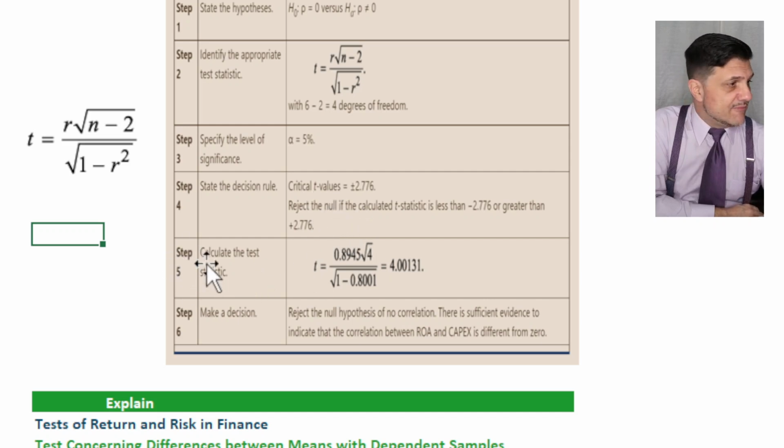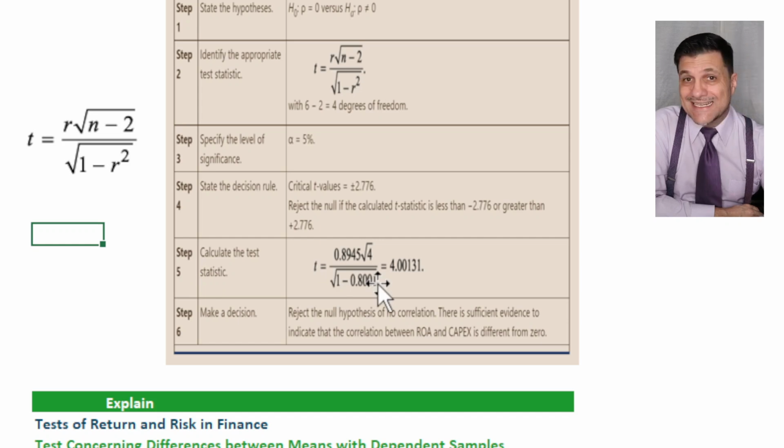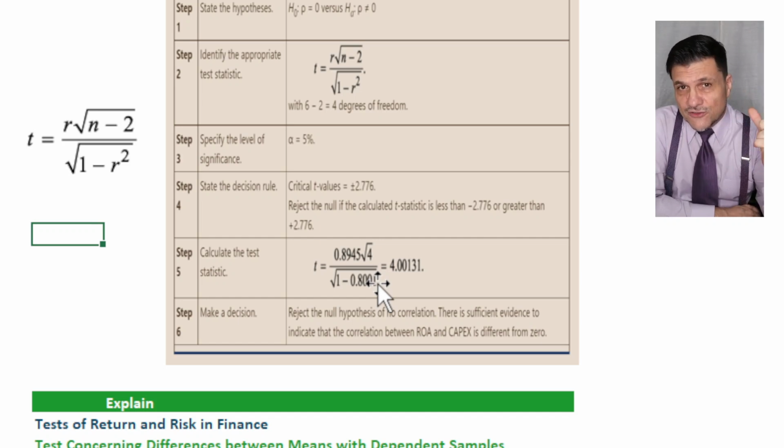Now, on step 5, you're going to conduct the test. Now, how is this test? And more likely, how is it going to be the exam question that could require you to use this formula? You're going to read the question and the correlation will be given. So it's going to be like 0.00007.